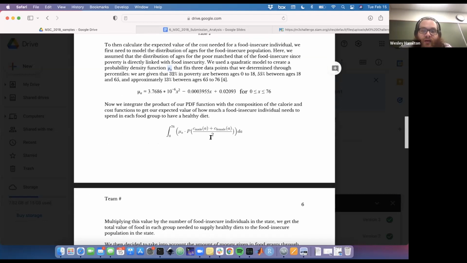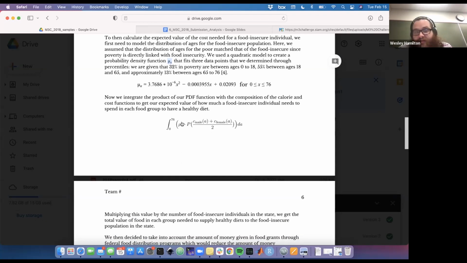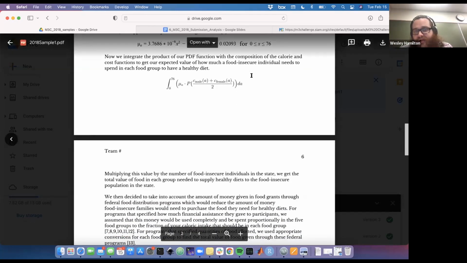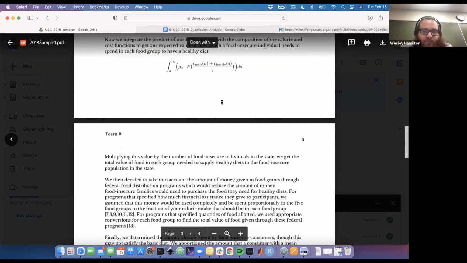So you can think of this as the percentage of the population that is food insecure, what it costs per calorie, how many calories, well, the average for male and female at that specific age. And you say, well, for each age, what's that total price? So presumably this is how they're setting up the model. I don't know if I have a set name for this, but great. This is something about the model.